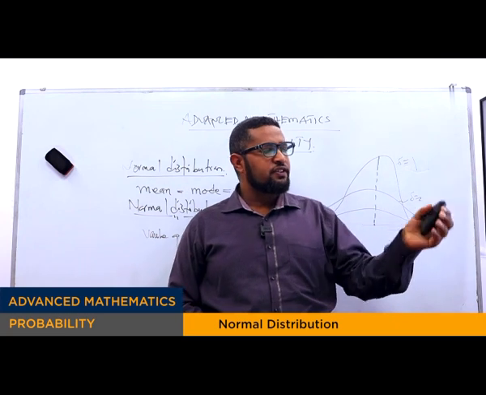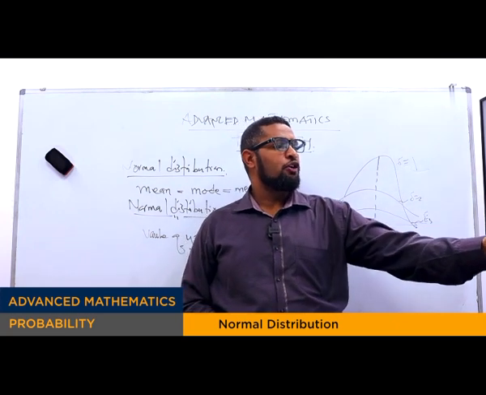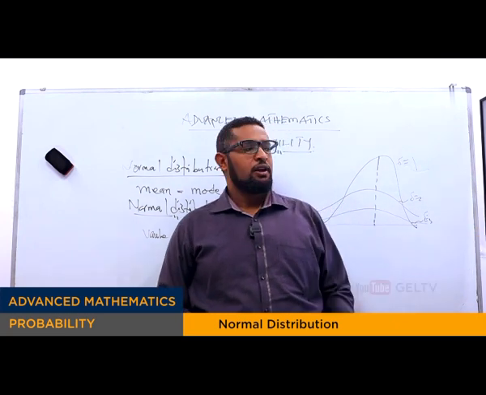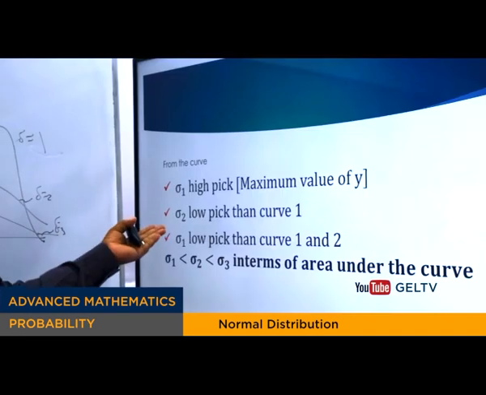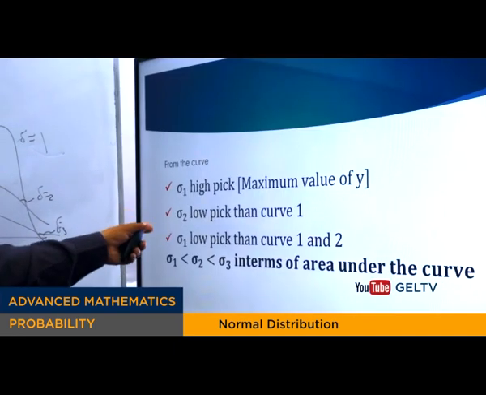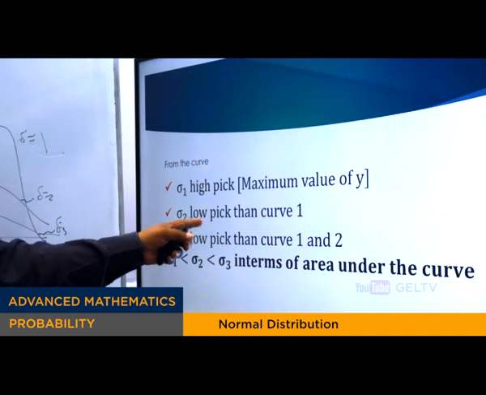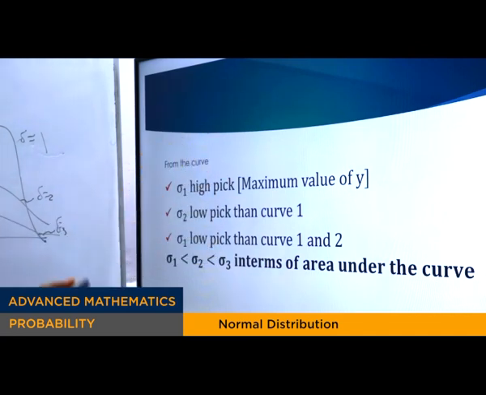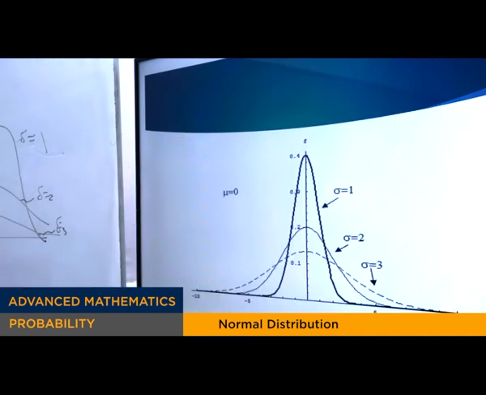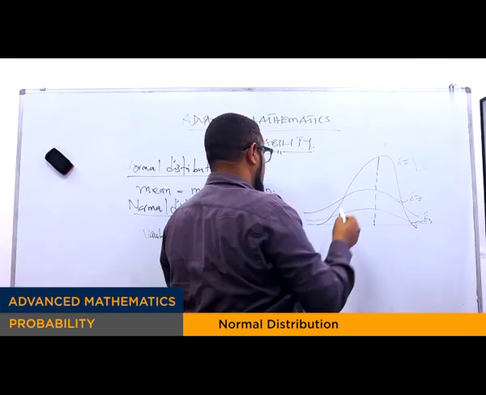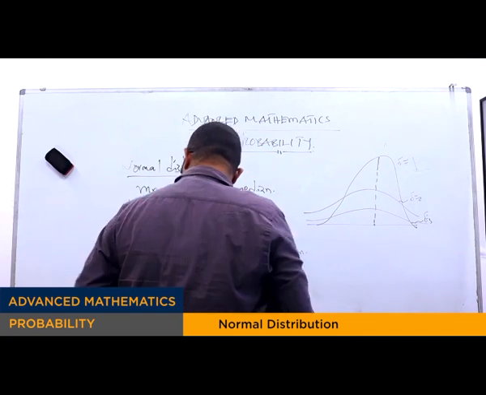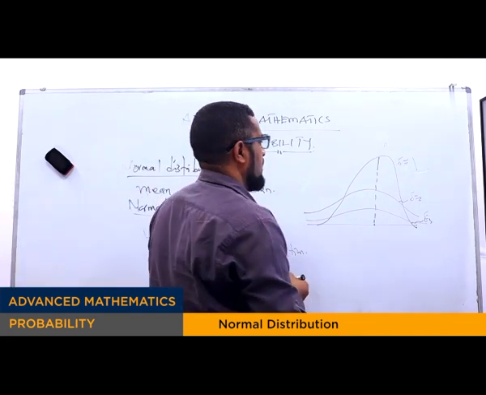But the difference is in the case of area. Standard deviation 2 has a lower peak than curve number 1, as you see from the diagram.